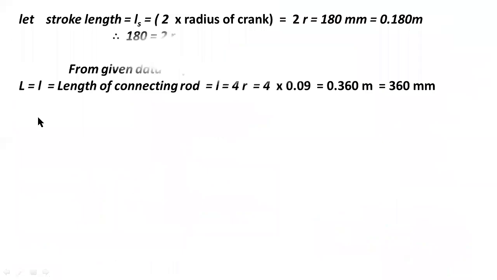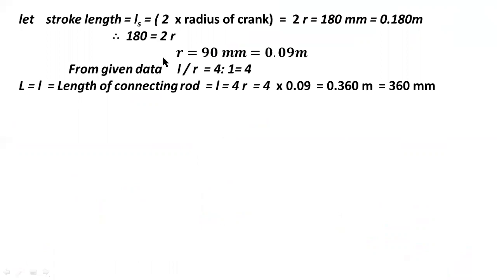For the stroke length, you have to consider the length of the stroke equal to 2 times the radius of the crank. Here the stroke length is given, that is 180 mm.